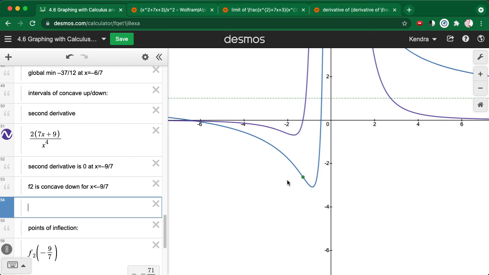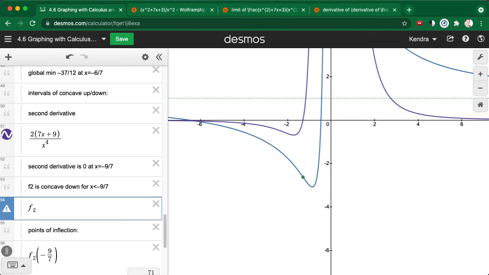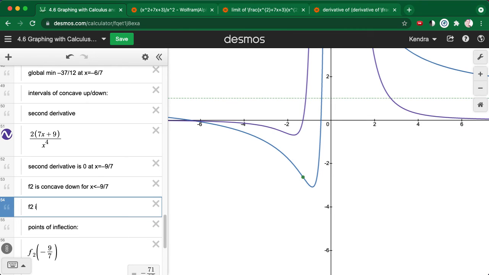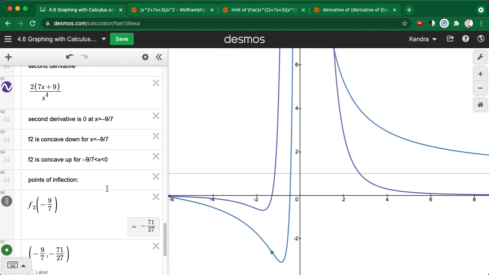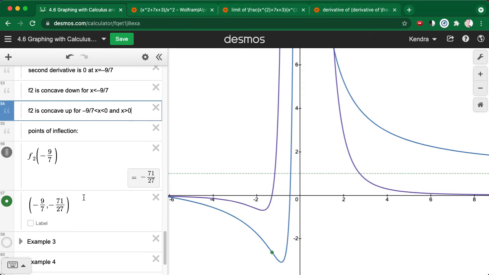And then it's concave up for x to the right, for negative 9/7 less than x less than 0. And then for x to the right of 0, the second derivative is positive, so the original function is concave up, which is what we see. So x greater than 0. Super. I think we have completed all of the things.